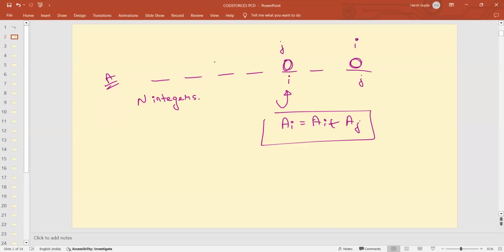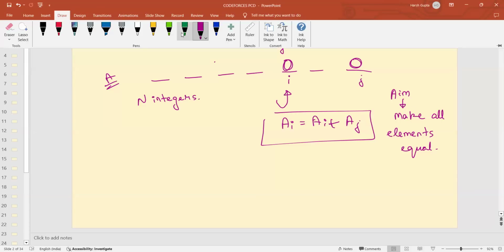So now this element will be replaced by the sum of these two elements. And what is your aim? Your aim is to make all elements equal. Now the question is, can you do that or not?